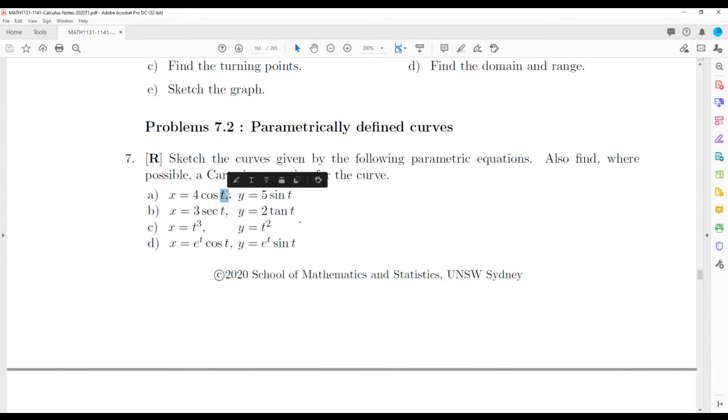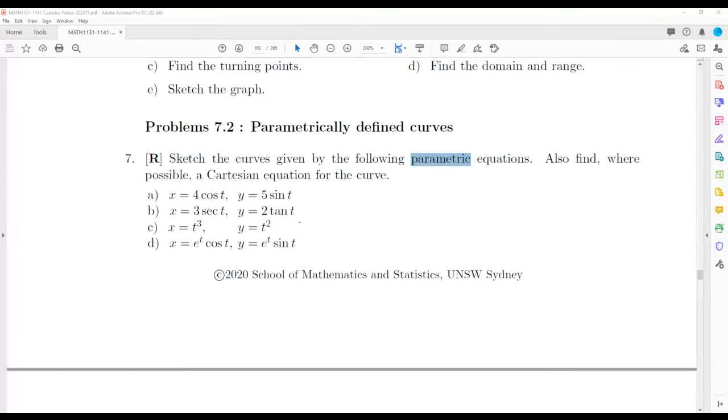Now, believe it or not, you've seen these kinds of parametric forms when you have done algebra. The parametric vector form of a line, for example, is an example of a parametric equation.